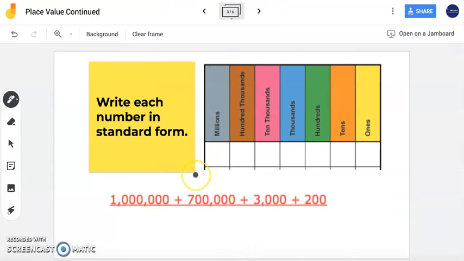Here we have another problem very similar to the previous one. Notice again we're starting in millions because we have 1 million as the value of the digit in my millions place, so that digit is 1. We go to 700,000, I find my 100,000s place, and the digit is a 7 because the value is 700,000. Now I have 3,000, so I'm going to find my thousands place, and that digit is a 3.